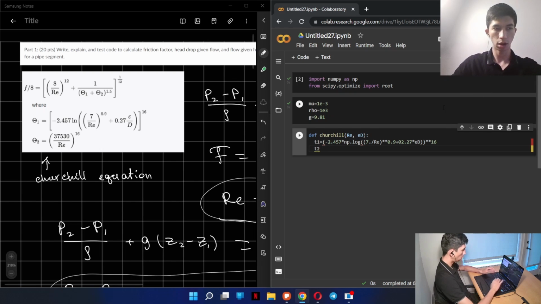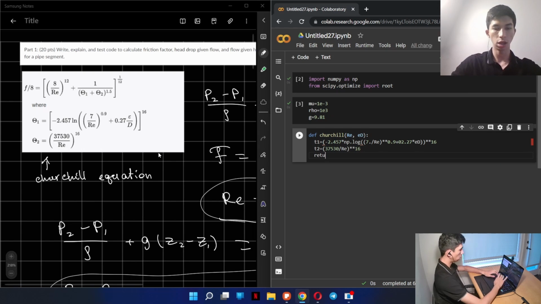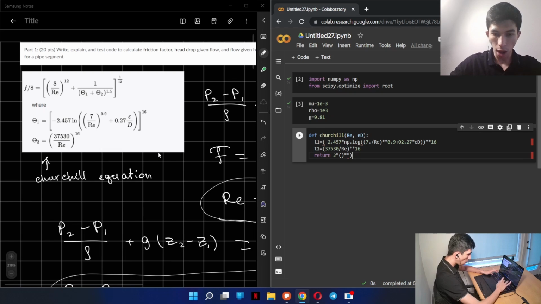Okay, for T2 we're going to need to write down this equation. This is going to be easier. 37530 over the Reynolds number to the power of 16. And it should return as the value 2 times the top equation, so 2 times, to the power of 1 over 12, right?